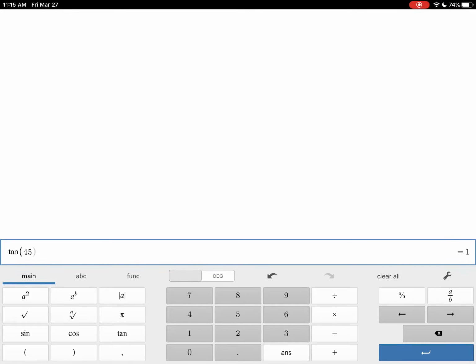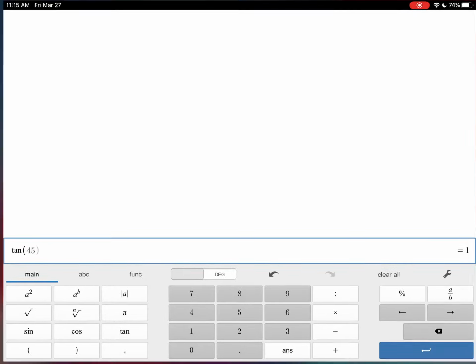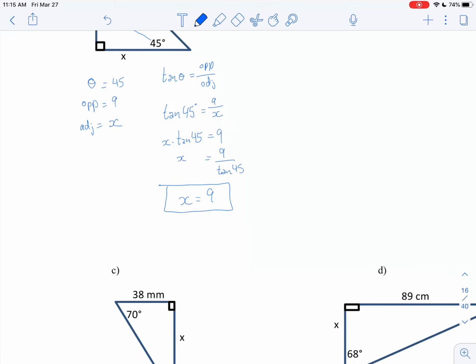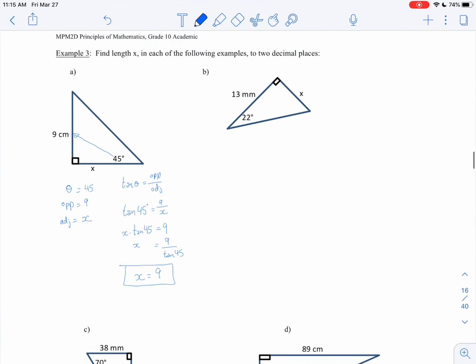You're going to see exactly why in the near future. So 9 divided by 1 is just 9. So we've got x is equal to 9. And we don't have to round that because that is an exact answer.